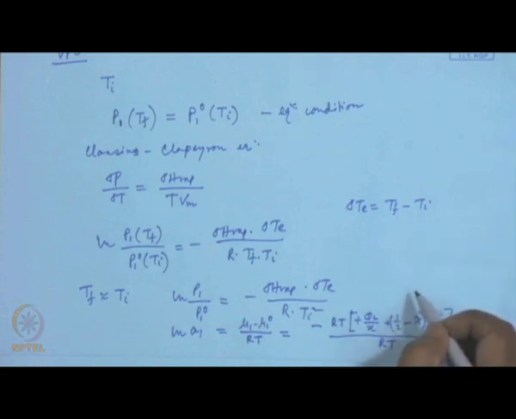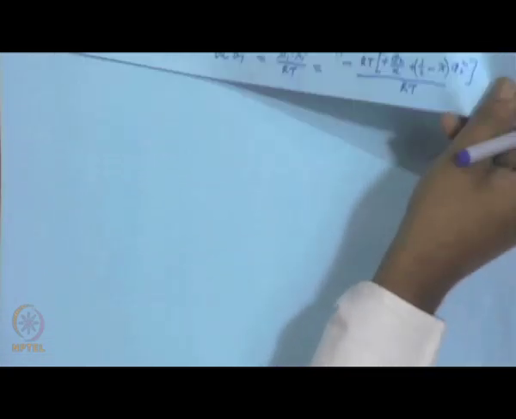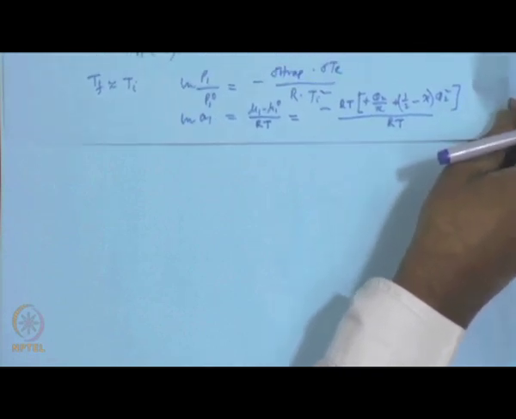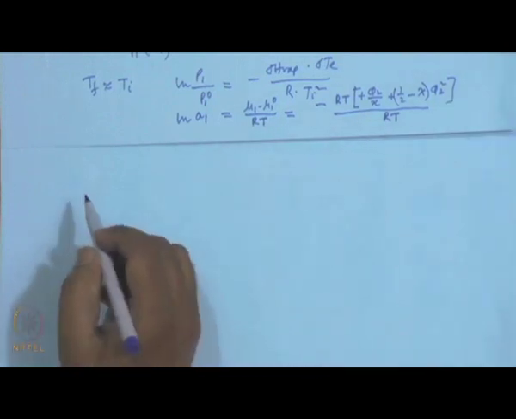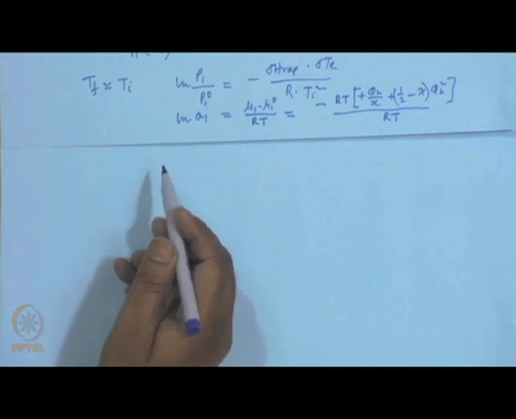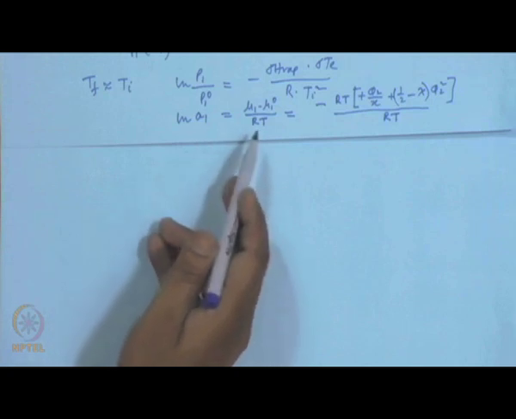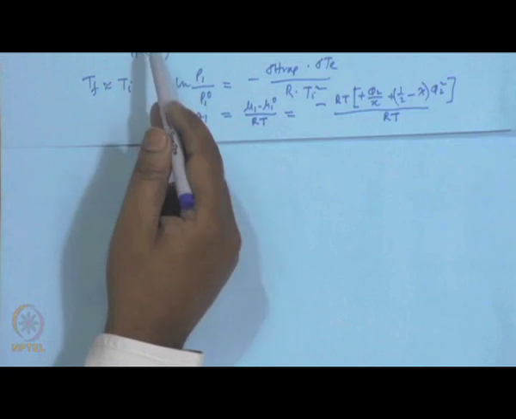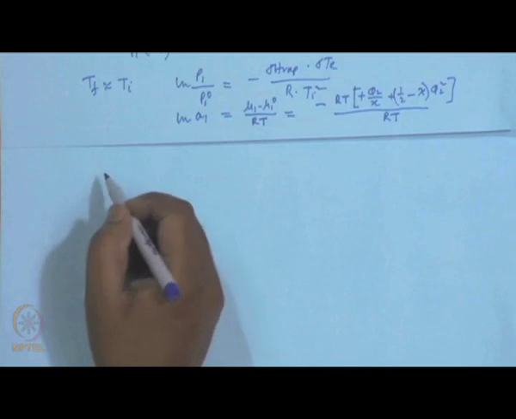So, from there, if you start from this expression, we can write R T ln on the left hand side. So, we can write like this, R T.